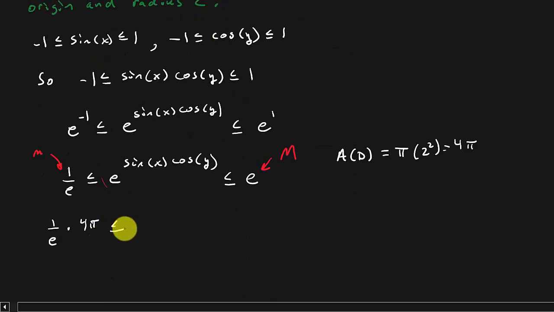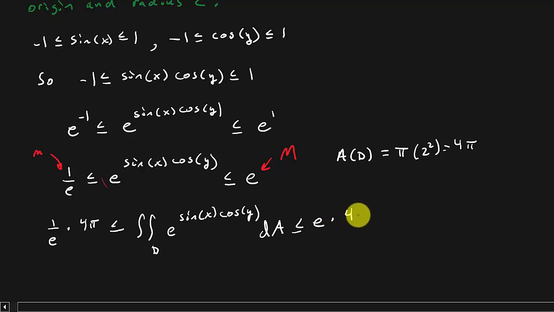And that's less than or equal to, now see, I'm multiplying it by the area of the region, so that's going to be e to the sine x cosine y dA less than or equal to e times 4 pi.